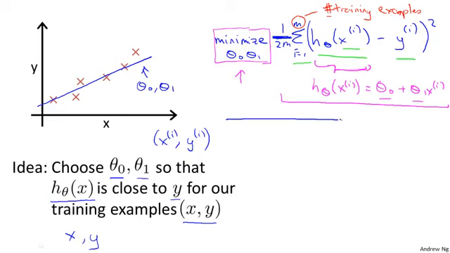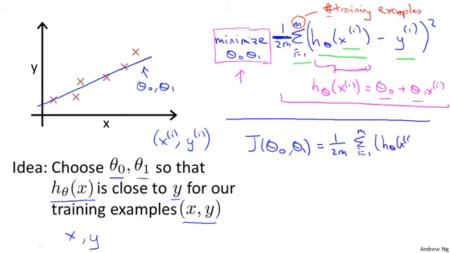And just to rewrite this a little bit more cleanly, by convention we usually define a cost function, which is going to be exactly that formula that I have up here. And what I want to do is minimize over theta 0 and theta 1 my function J of theta 0, theta 1.